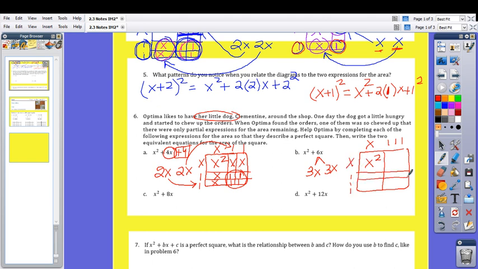This is x. So this will be 3x tiles on each side, and then you will have all these ones. So if you count them together, there are 9 of them, which you can also say 3 times 3 will give you 9. So there are so many patterns happening in this one.